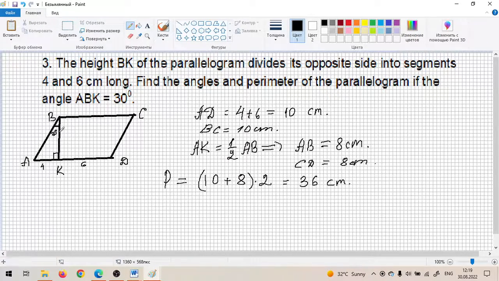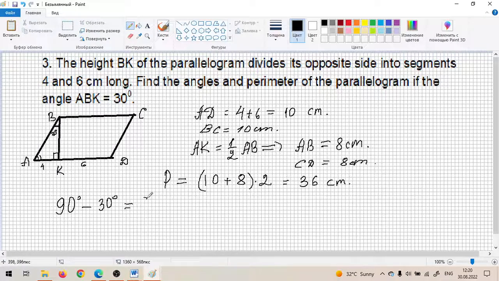If this angle is 30 degrees, so this angle is 90 minus 30, because the sum of angles in a right triangle is 90 degrees.